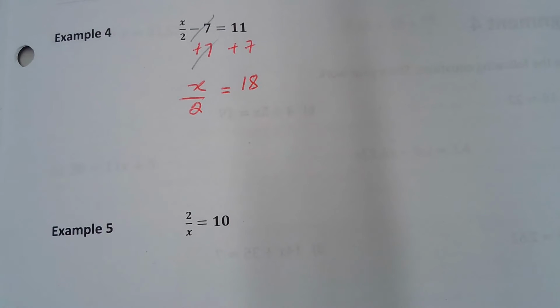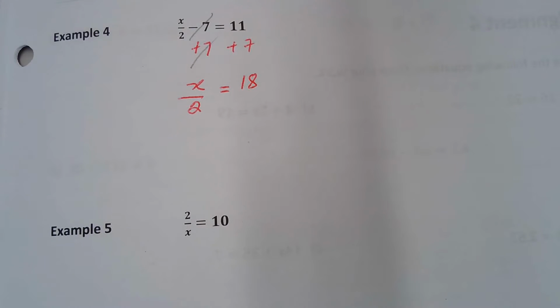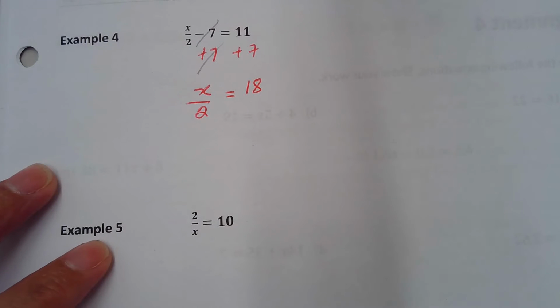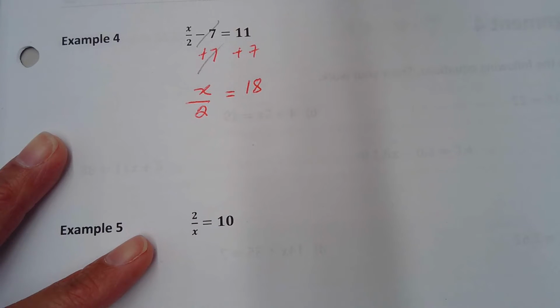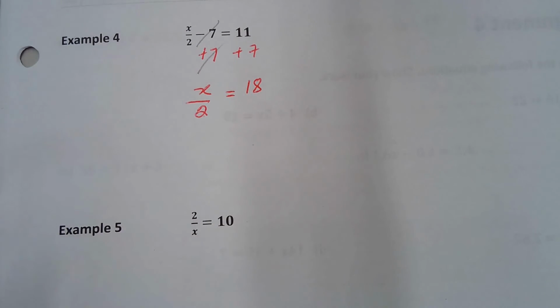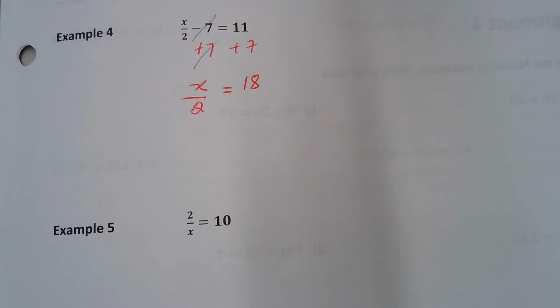Okay, next one. What we're going to do is a cross multiplication. If there's nothing in the denominator, it's 1. So the denominator is 1 there. Before we do so, can we do 2 divided by 18? That's going to give us a decimal value.